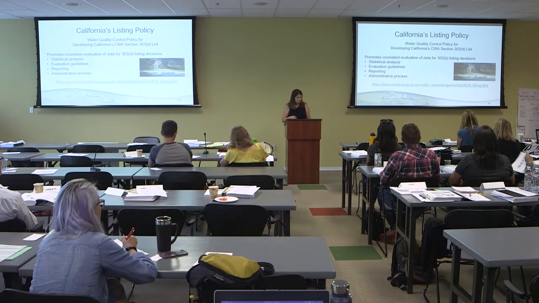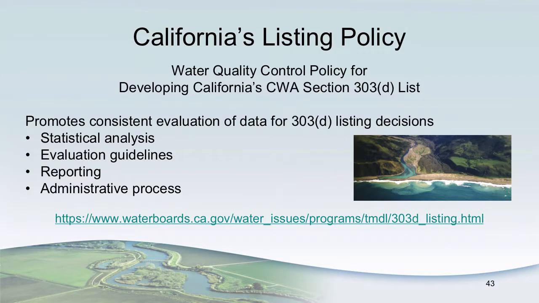All right. So as with many of our programs, we have a policy for it. We have the listing policy as a statewide policy that explains our statistical analysis for when we are looking at data, which we call the binomial distribution or binomial approach. In essence, it allows about a 10% exceedance of a standard, of an objective, to be in place.